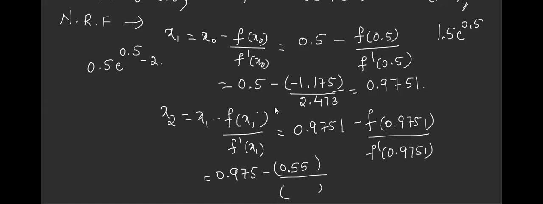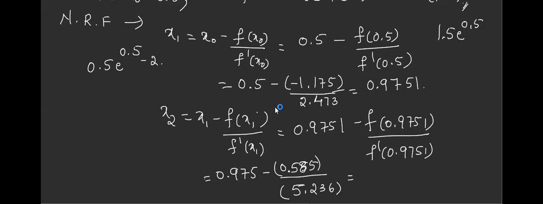Next, f dash: 1.9751 e raised to 0.9751 is 5.236.